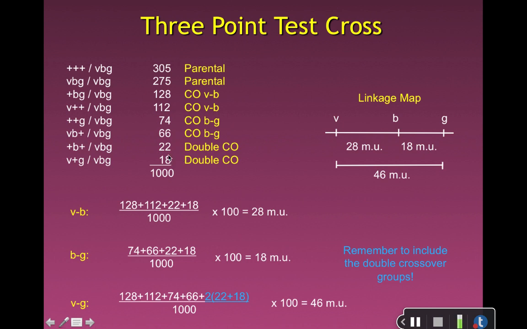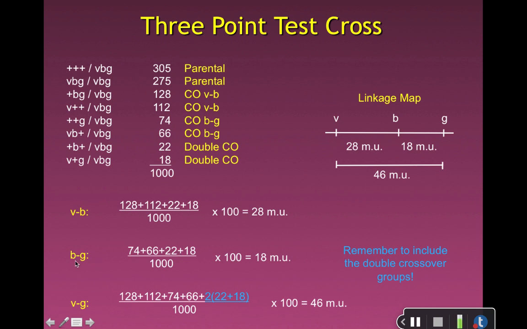We also have to count our double crossovers, because this class represents a crossover between the V and B as well as another crossover. So 22 plus 18, divided by our total number of offspring, in this case 1,000, multiplied by 100. That gives us 28%, or 28 map units.